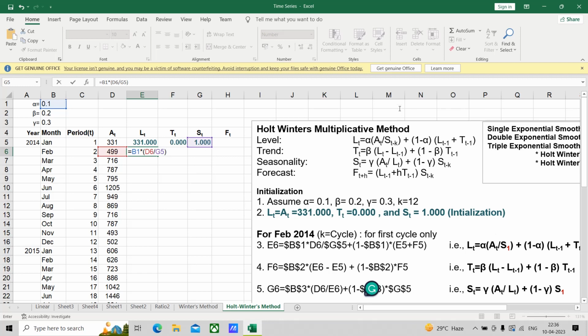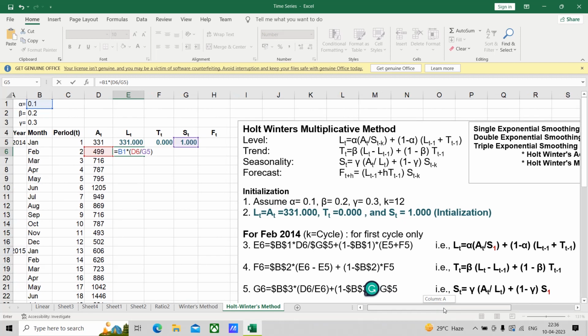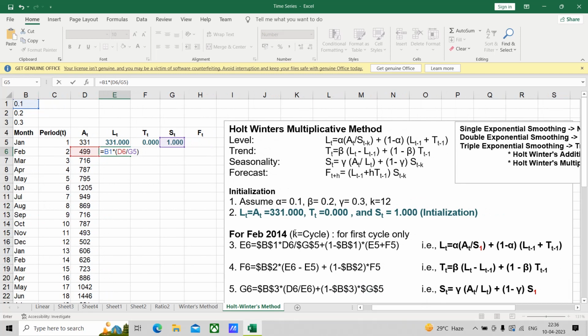Then I have used 1 minus alpha, so I put here plus, then opening bracket, 1 minus the value of alpha. The value of alpha is in B1, so I click here, and then we close this bracket.